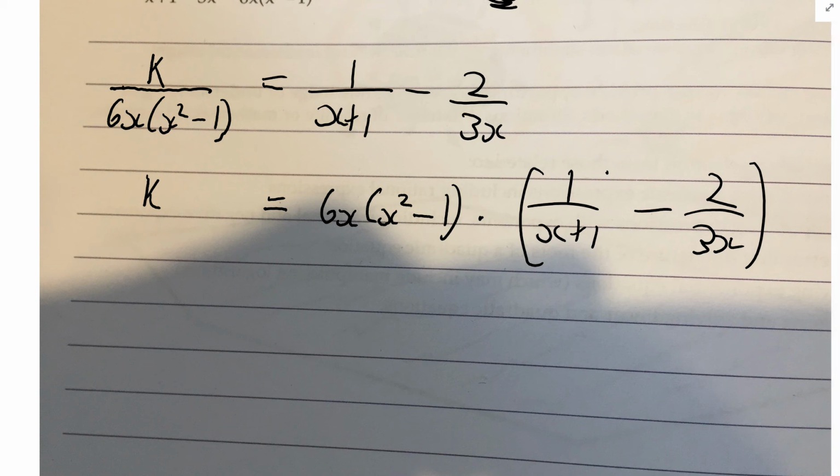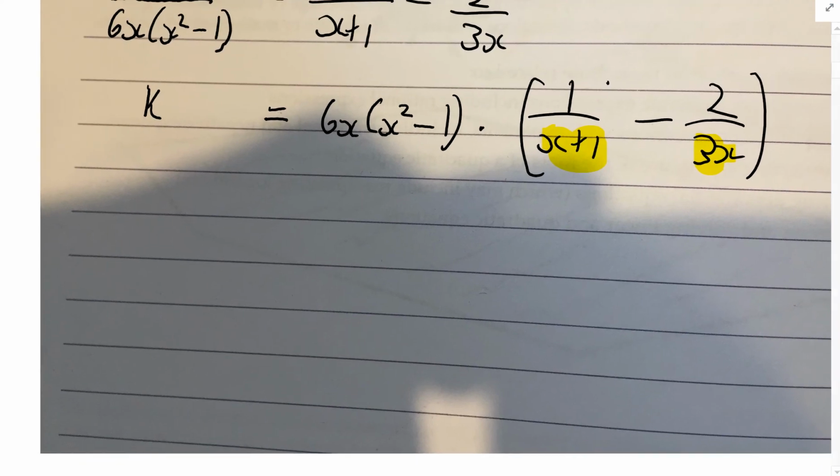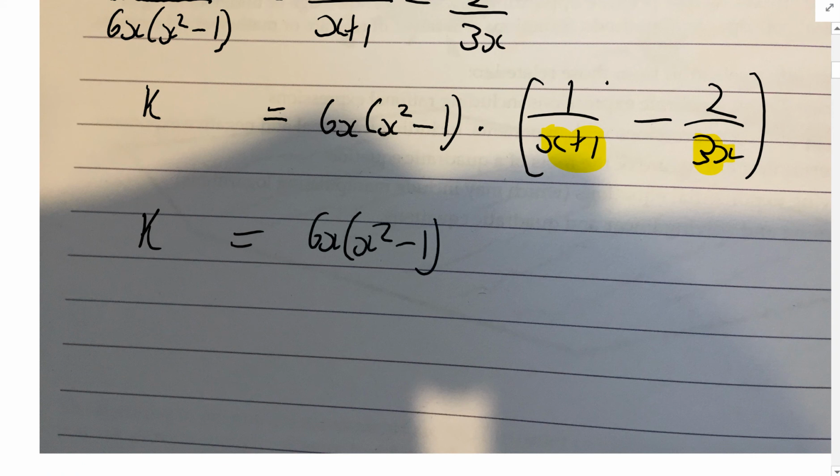Well, I need to get them over the same thing. First one's over x plus 1, second one's over 3x. And x plus 1 doesn't go into 3x as far as we know. So, let's multiply them by each other. So what we're going to do is rewrite this out. k equals 6x over x squared minus 1. That part hasn't changed.